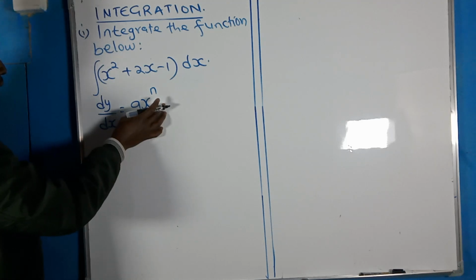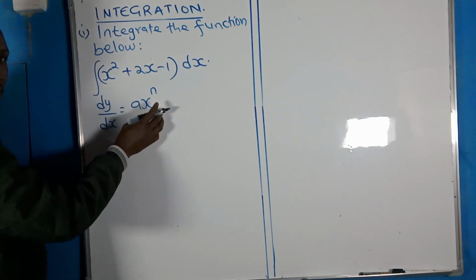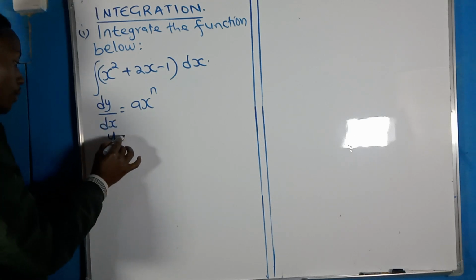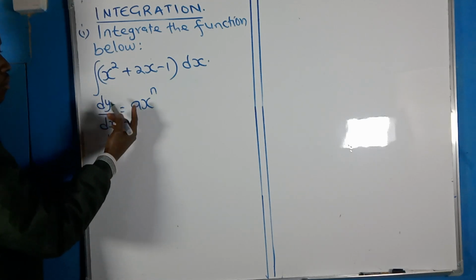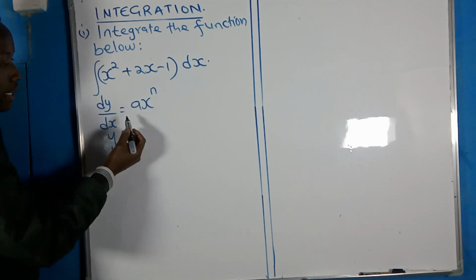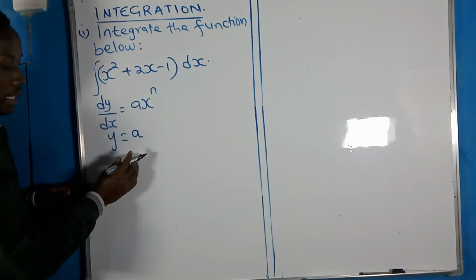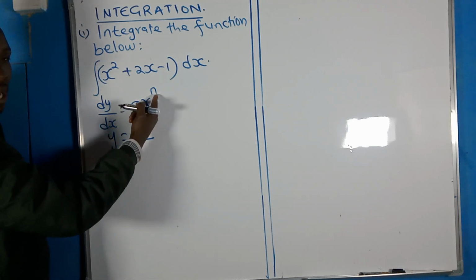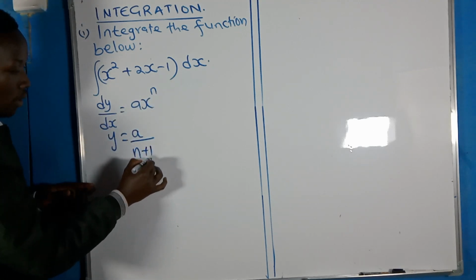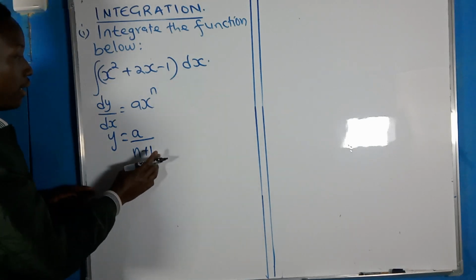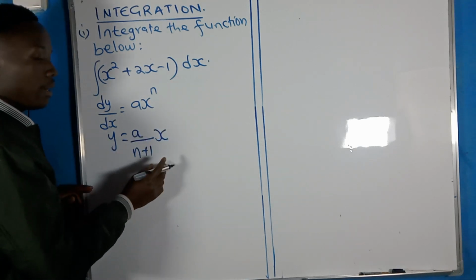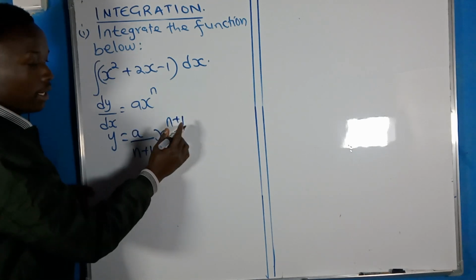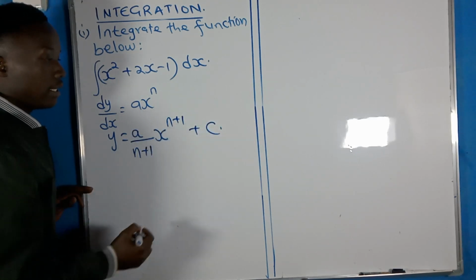When we integrate this gradient function, we get our equation in the form of y, which is equivalent to: we take the constant a, then it is over the power, the denominator, we add 1, then the x variable is retained, then the power is increased by 1, plus a constant.